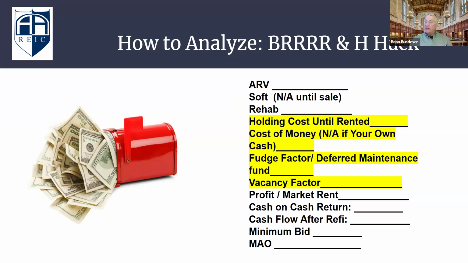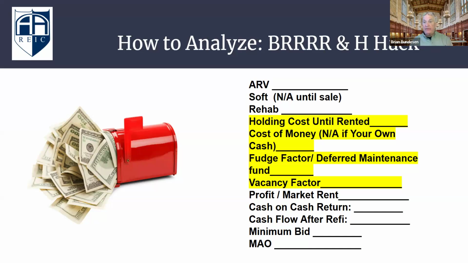You still have holding costs, again, from the time you buy it until the time you get a tenant in there. Typically that's going to be 6 months, because that's also what's called seasoning, which means the lenders won't lend to you until you've had a tenant in there for 6 months. They won't refinance it.